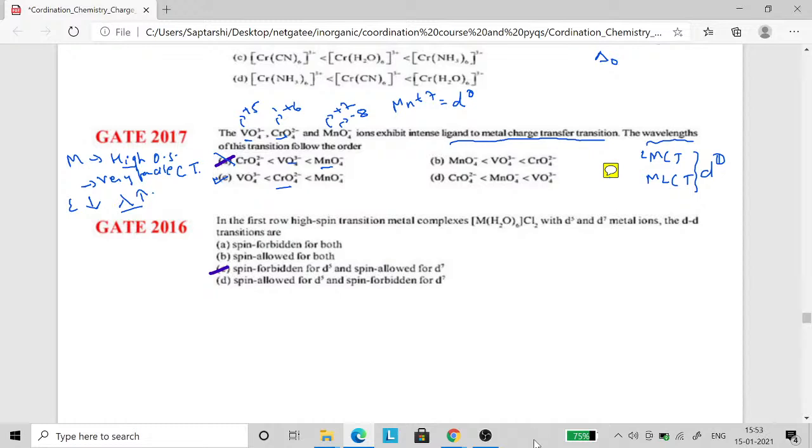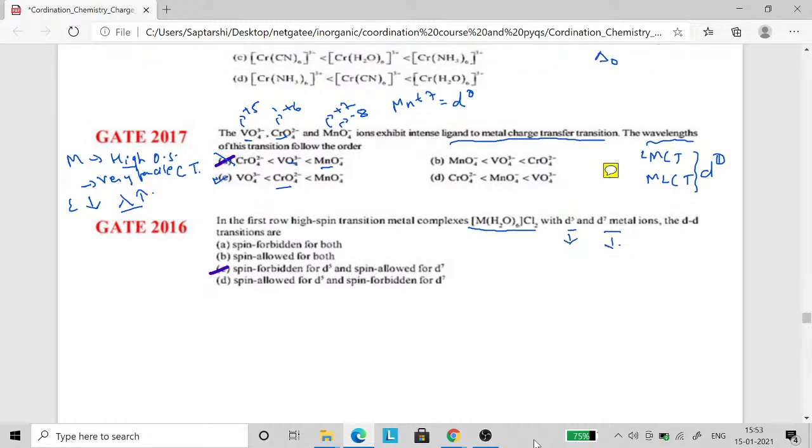And from GATE 2016, we have that in first row high spin transition metal complexes M(H2O)6Cl2 with d5 and d7 metal ions, the d-d transitions are. We already said that d5 is spin forbidden.